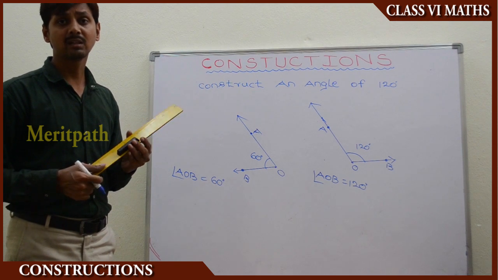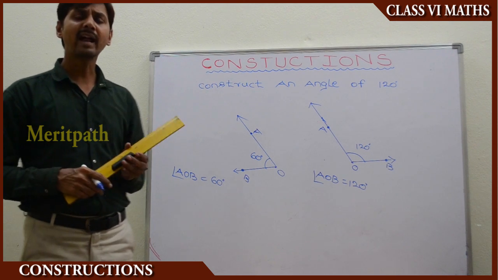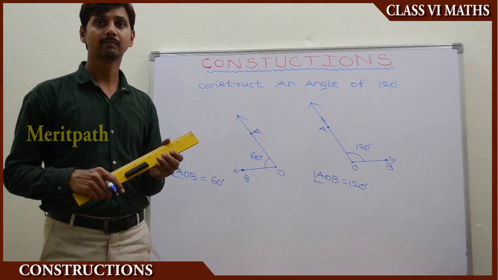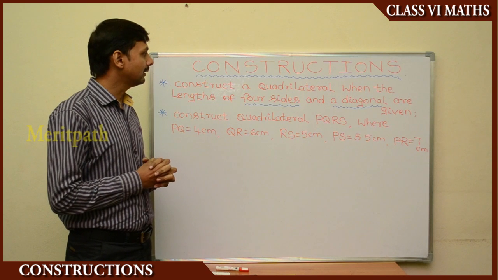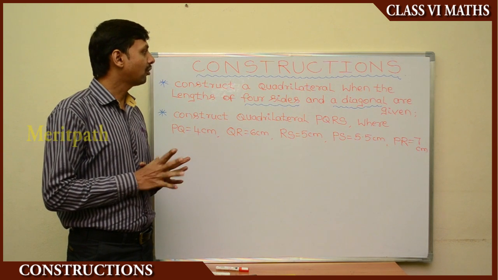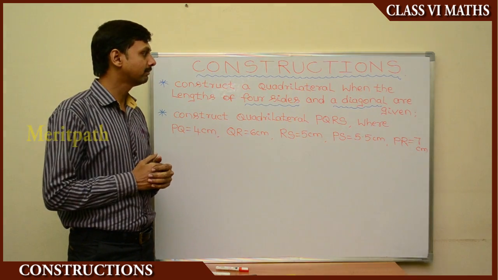Let's go to the next concept, to draw different types of angles using compass. See how to construct a quadrilateral. Construct a quadrilateral where the lengths of 4 sides and one of the diagonals is given.